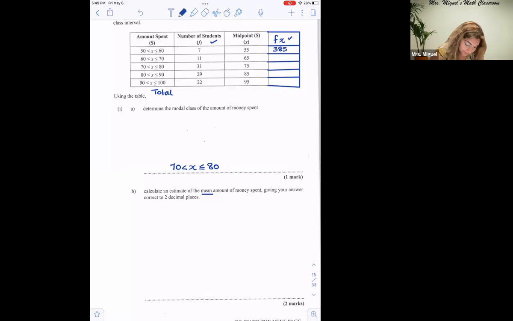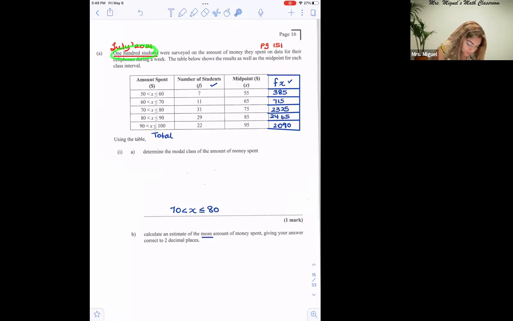So you have 385, 11 by 65, 715, 31 by 75, 2,325, 29 by 85, 2,465, and 2,295, 2,090. Well, we know it's 100 students, so this is supposed to give us a tally of 100, right? Let's add up those values.